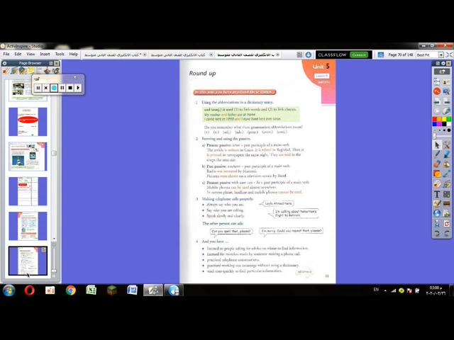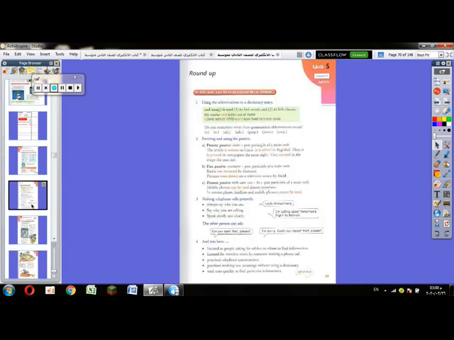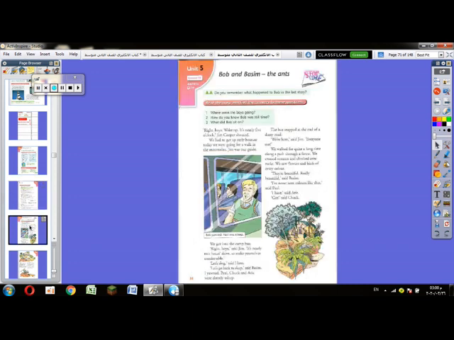Lesson 9. We have revised language from the unit revision. As we can see, this lesson is Round Up. Yes, Round Up. We also have lesson 10, as usual, Story Time.